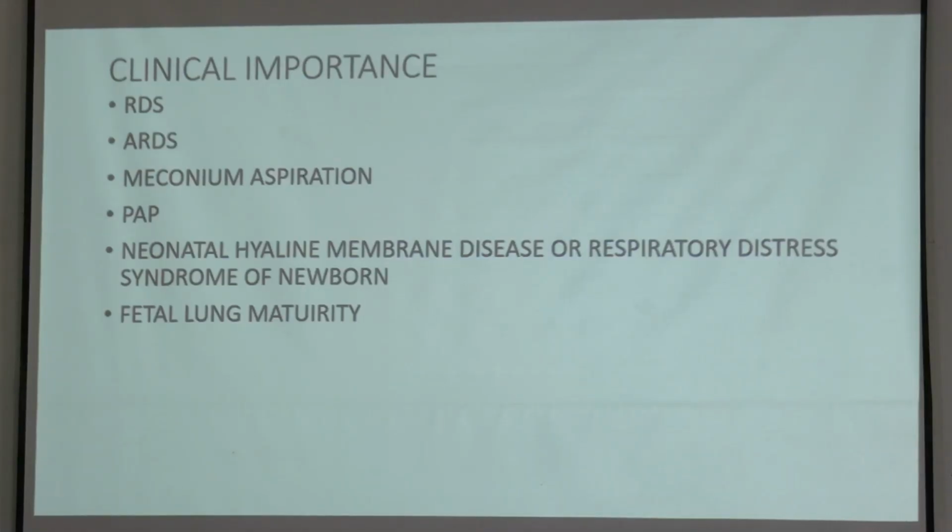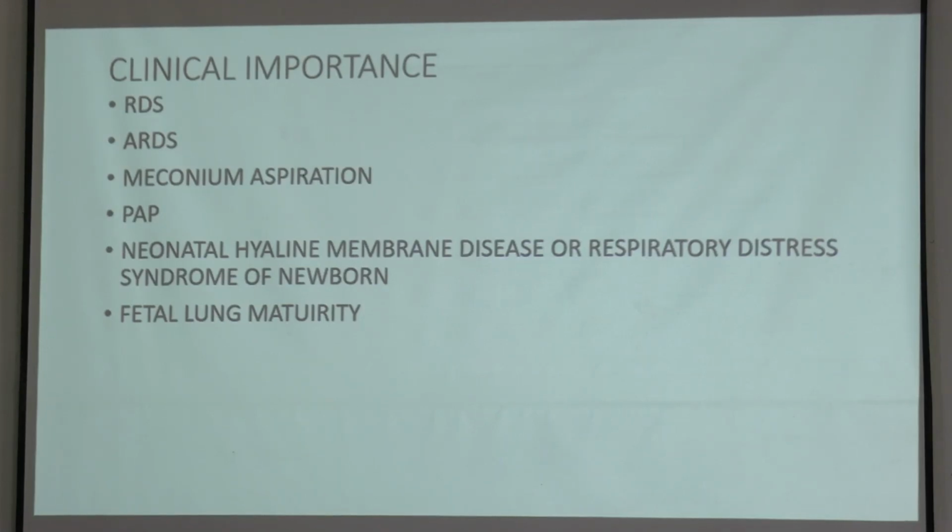Respiratory distress syndrome is RDS. What happens? In a premature baby, there will be less surfactant production, so there will be less gaseous exchange, and so there will be respiratory distress syndrome.